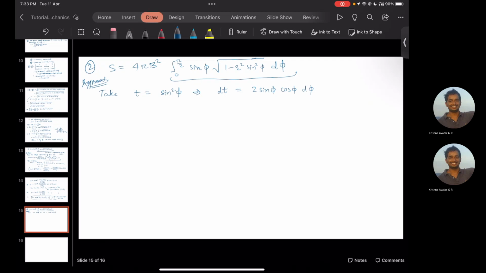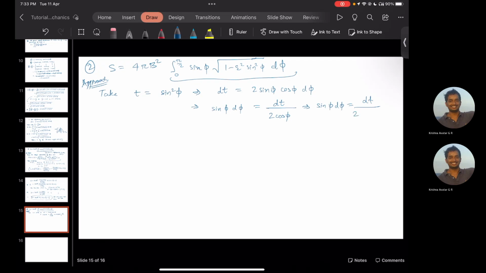And now what you see clearly from here is that sine phi d phi is equal to dt by 2 cosine phi. We are just rearranging this term.